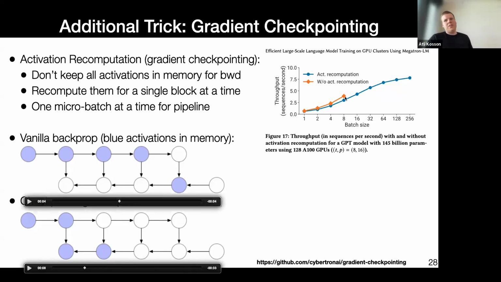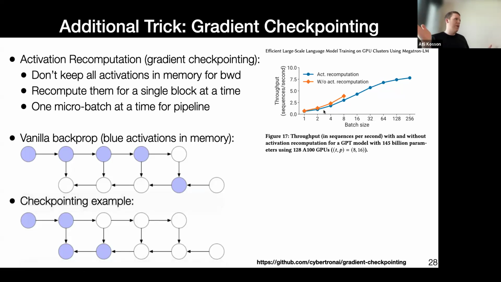Essentially this allows them to scale up to larger batch sizes. They fit larger batch sizes on the devices, which increases utilization. But this comes at a cost, you do have to do the recompute. But sometimes just being able to fit the larger batches on your GPU will pay for this extra recompute that you need to do.